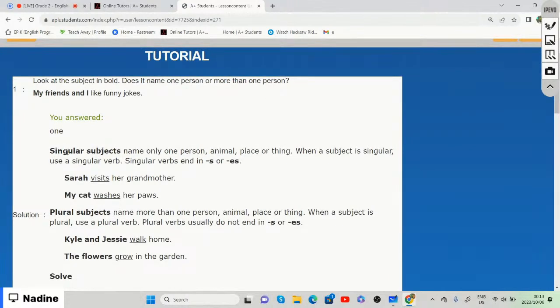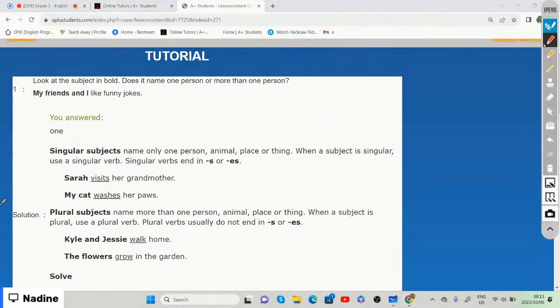And remember, we said that singular subjects name only one person, only one animal, place, or thing. And when the subject is singular, we need to use a singular verb, and the singular verb ends in s or es. So if you're referring to one person, then the verb is going to end in an s or es.